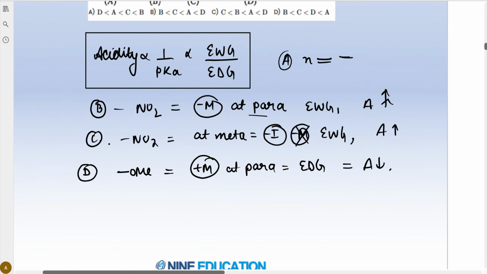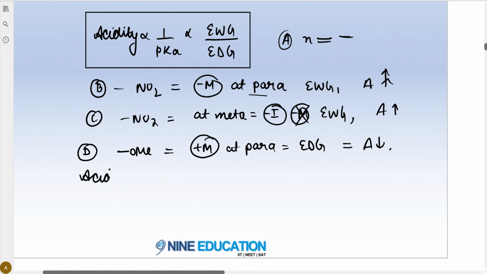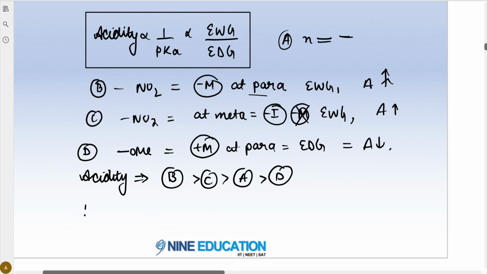So we will first write the acidity order. The acidity order will be: highest acidic will be B, then it will be C, then A, and last will be D. And pK values will be the opposite of the acidity order.